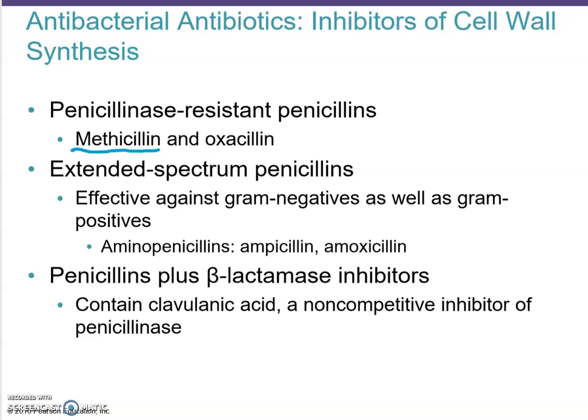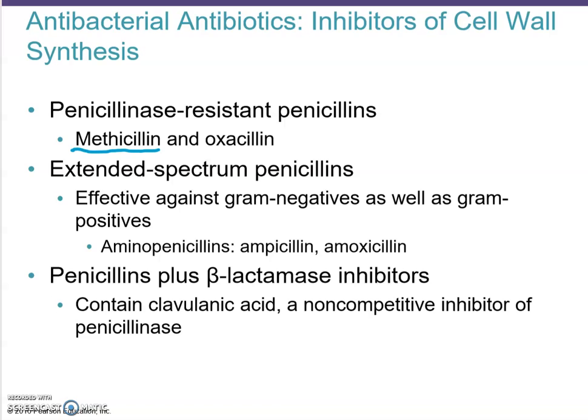If a bacterium is now resistant to your penicillinase resistant penicillins, then, well, you've lost. They have basically won the battle. And it's very dangerous if you have methicillin resistant bacteria in hospital settings, for example, because you really don't have anything on the shelf to treat those infections.